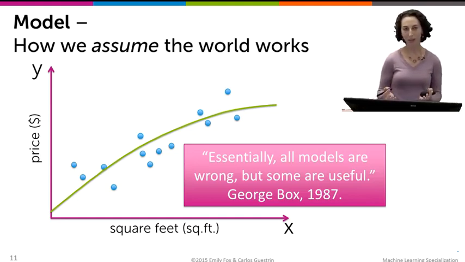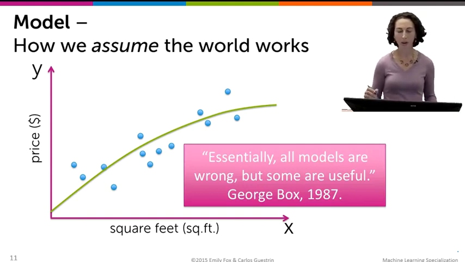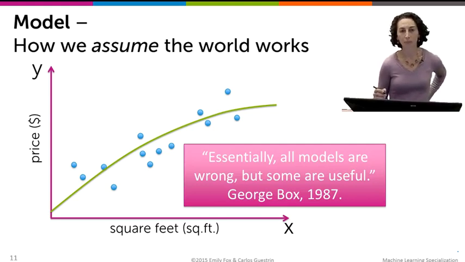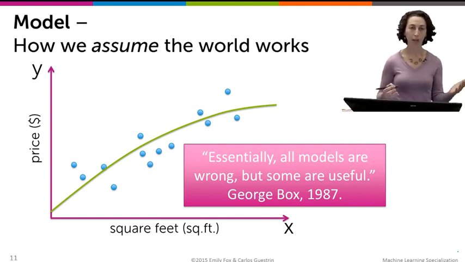So what this means is no model is going to be exactly how the world works. It's not going to exactly predict how houses sell just based on square feet, or even if you incorporated other things as well. There are always different idiosyncrasies in how the world works. But models are going to represent some useful abstraction of the relationship between, for example, square foot and price that is useful for a task such as prediction.